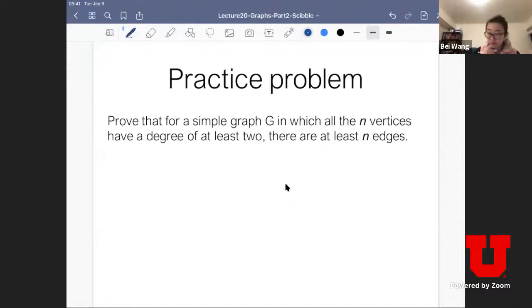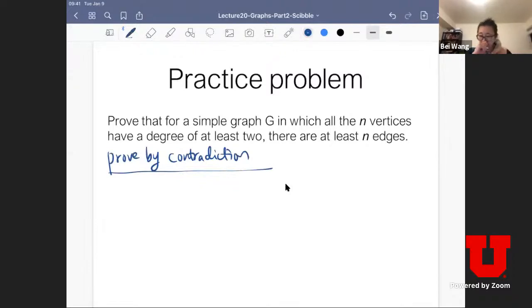Okay. So to prove this, we can prove by contradiction. So how do we prove by contradiction?